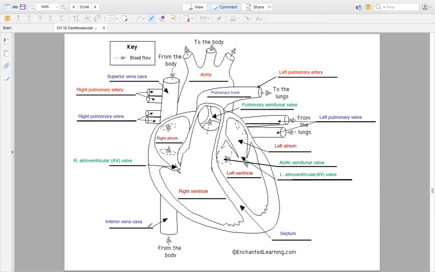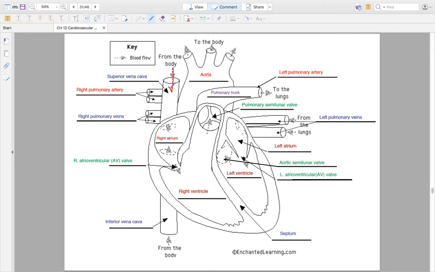All right, so let's go ahead and start with that. Okay, so anatomy-wise, I always start with the superior and inferior vena cava. The superior vena cava is right here, and it's the main vein that brings blood to the heart from the body.